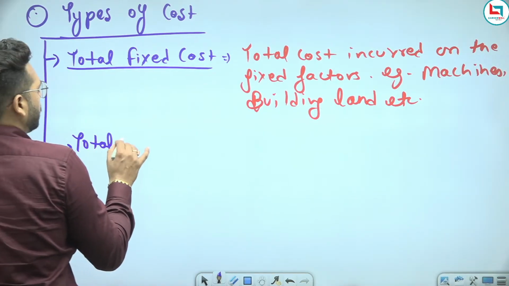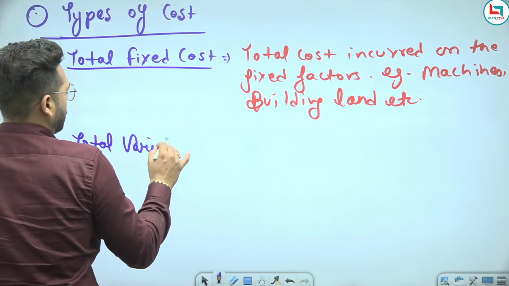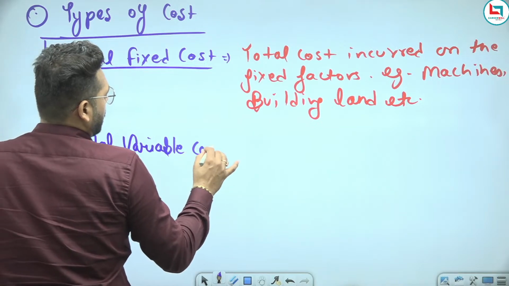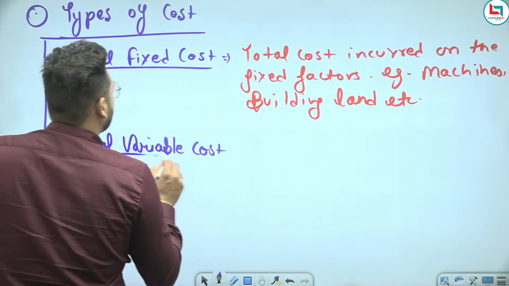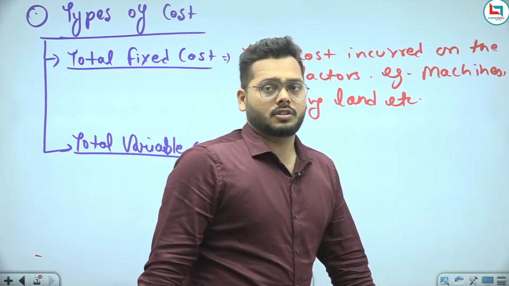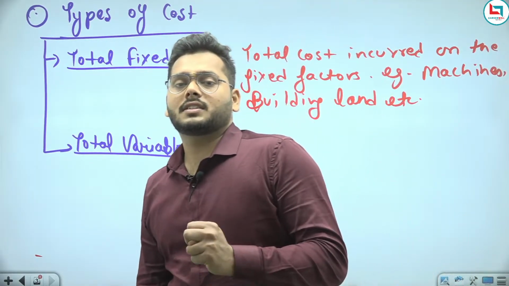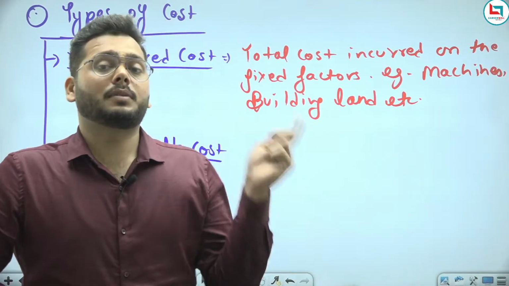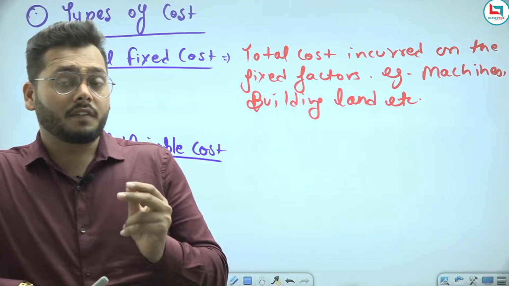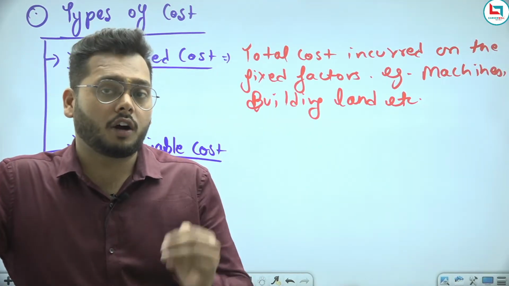Now you need to understand what it means, total variable cost. Total variable cost is actually incurred on the variable factor. What was the variable factor? It changes as the level of output changes.